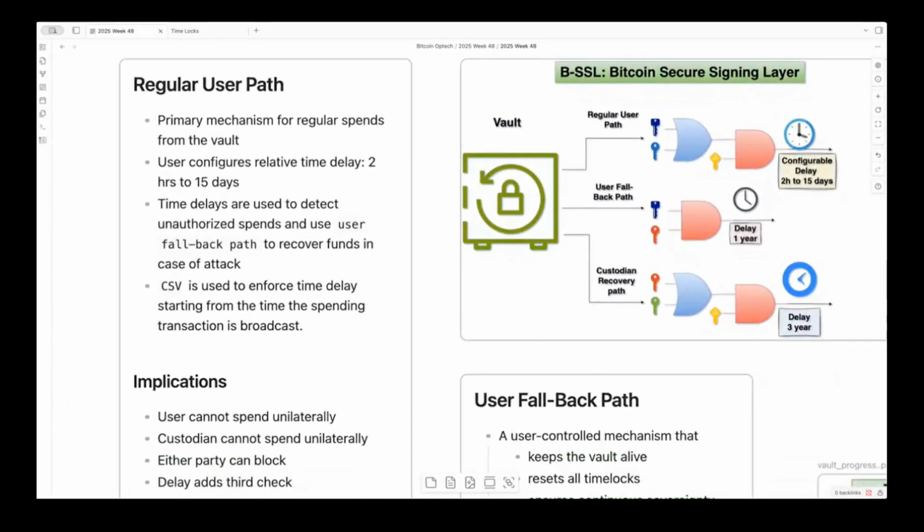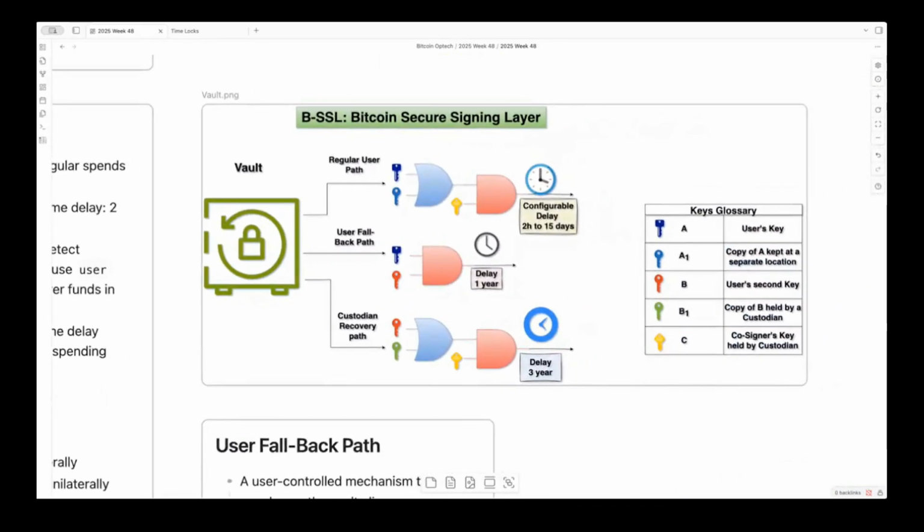Bala, sorry, a basic question, just so that I understand it. The vault here is just a taproot multi-sig address, a script, right? Yes, it's a script, and this entire mechanism is achieved via that.